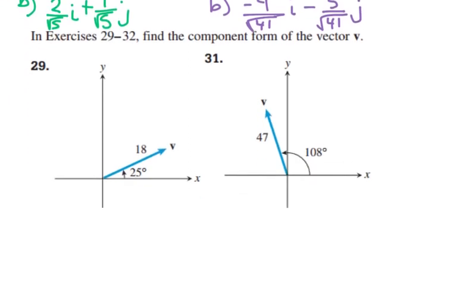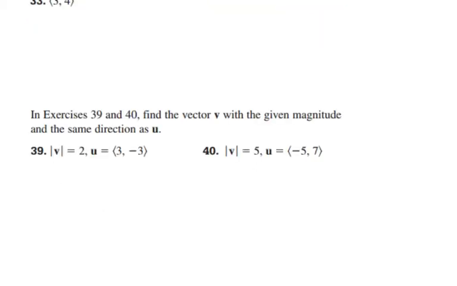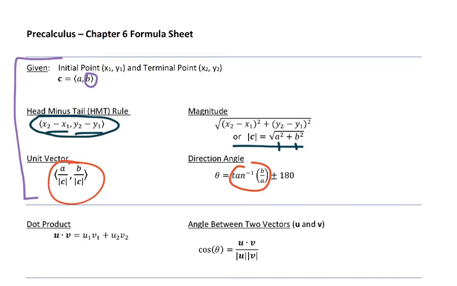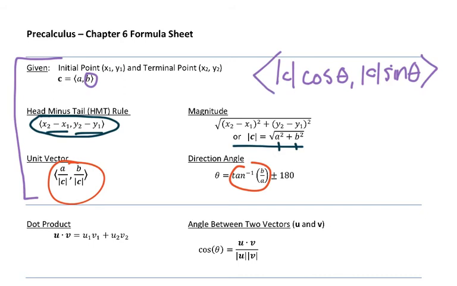Alright, let's see. Now we're going to find the component form of the vector given that we have its magnitude and its angle. So taking a look at our formulas, it comes from the magnitude times the cosine of the angle, and then the magnitude times the sine of the angle is going to be your component form given an angle and a magnitude.